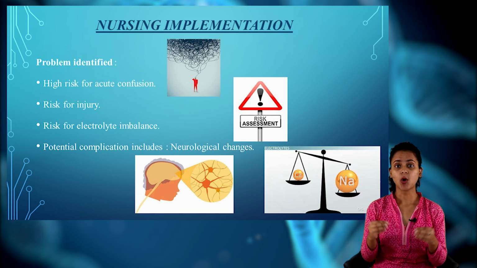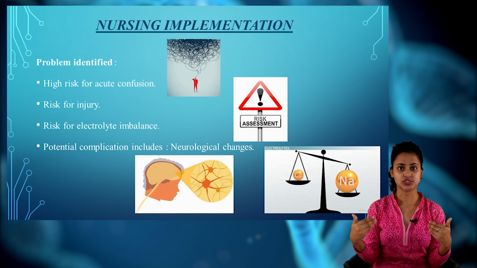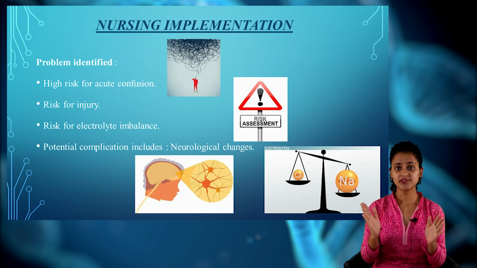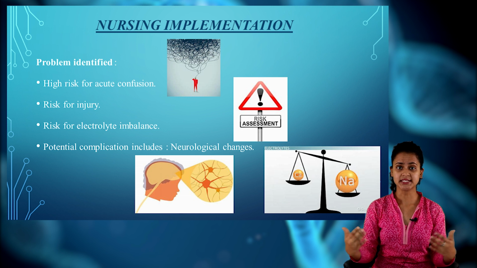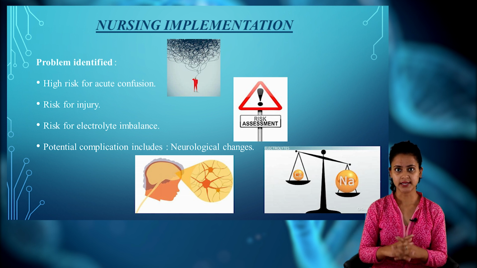Now, the potential complications definitely involve the development of neurological changes and neurological complications. That is the reason why the nurses should be very vigilant enough to find out all the probable complications and related signs and symptoms at the earliest to initiate a proper treatment procedure.